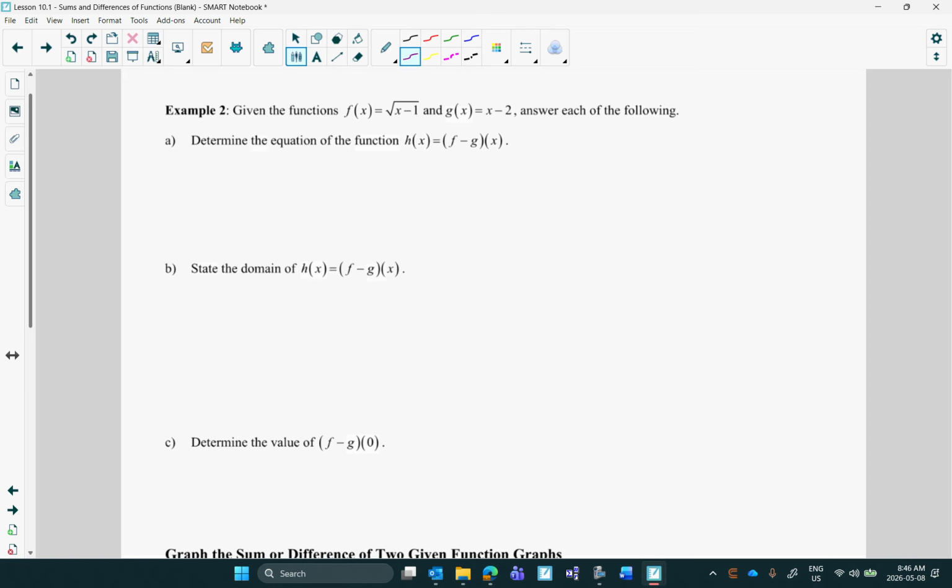Here we have another one. We're given two functions, and we're asked to find the equation of the combined function if we subtract these two, f minus g. This one, you got to be a little bit careful, because remember, when you plug them in, you're going to get root x minus 1.